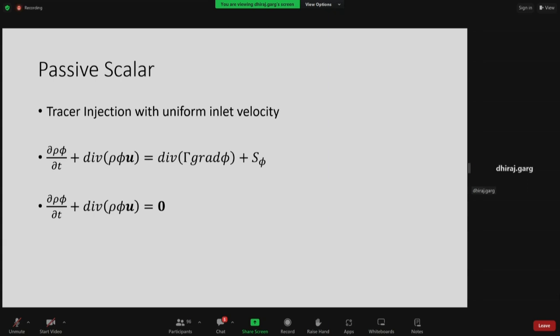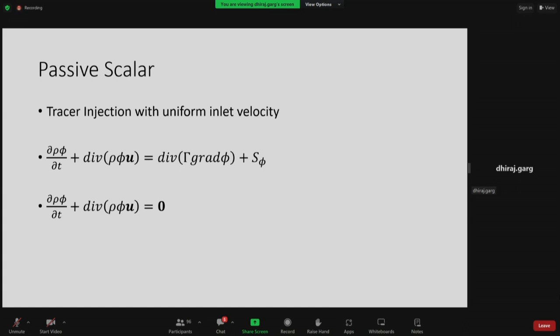Right. So the thing is, sometimes you want to visualize how mixing is occurring. Is there any dead pocket in the geometry? How are things moving from one point to another? You want to visualize what is happening inside, right? But as you told, there is no diffusion, so you are looking only at the convective aspect.